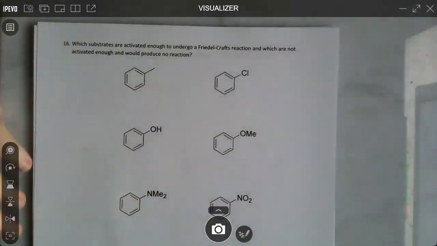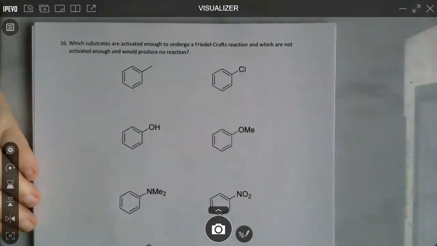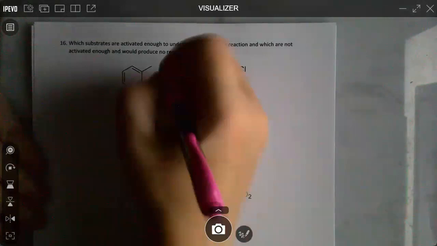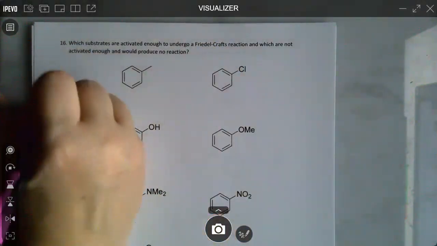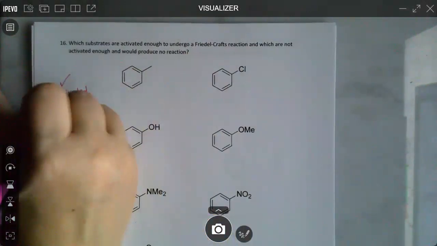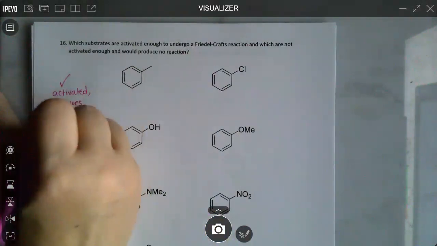So we have, I don't know how to write this succinctly. We'll just do checks mean it will be activated and undergoes Friedel-Crafts reactions.